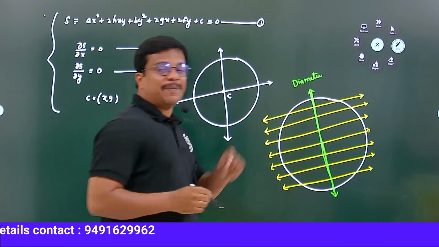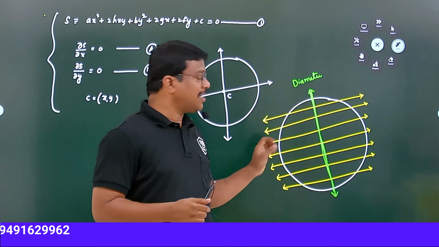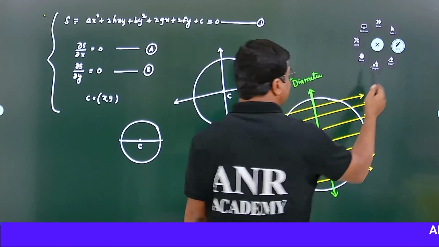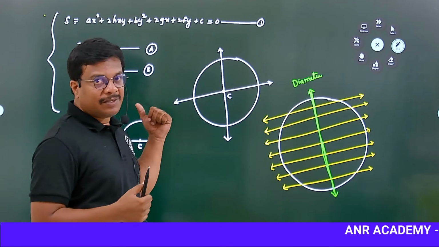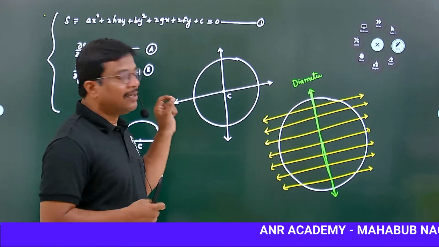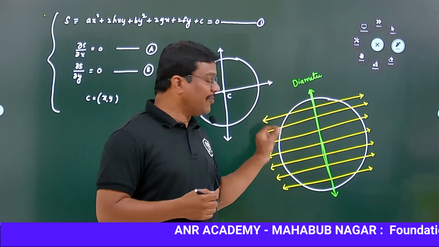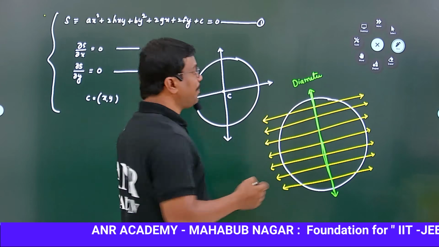Such diameters, so many exist by drawing different parallel lines and the middle points on them, and by joining them you will get so many diameters, and the point of intersection of those diameters, the point of concurrency, finally gives the center of the circle.